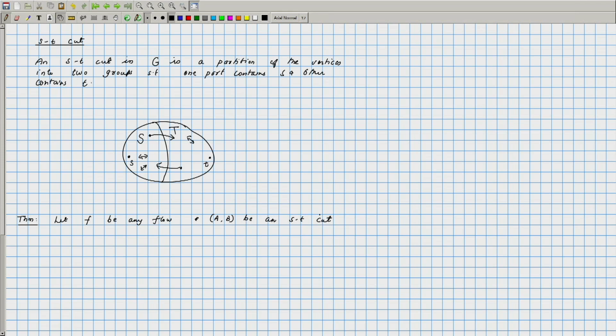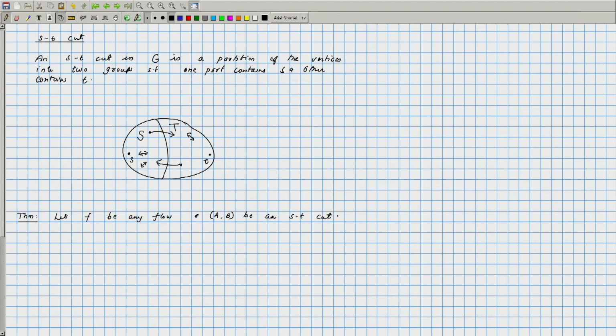When we say (A, B) is an ST cut, what we mean is A is a collection of vertices which contain S, and B is the complement of A which contains vertex T. Then value of the flow is equal to f out of A minus f in of A. Okay.